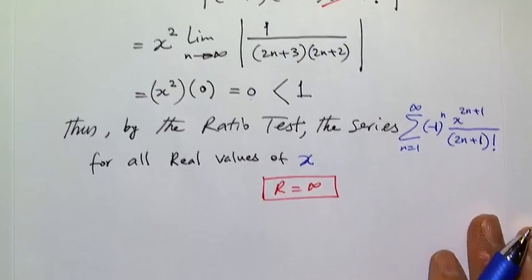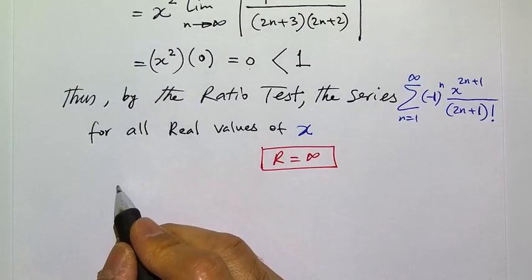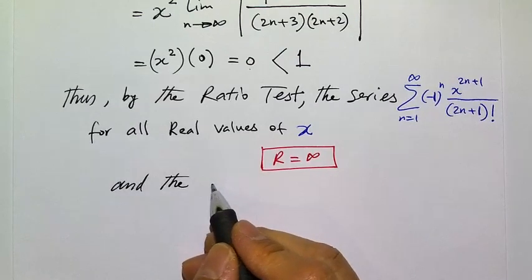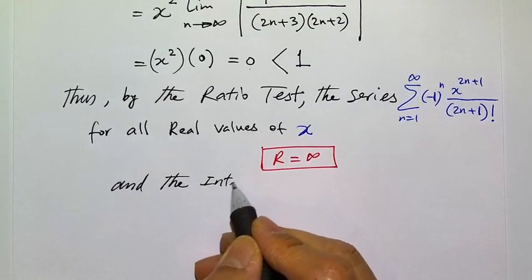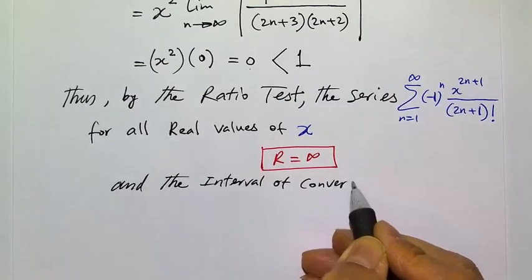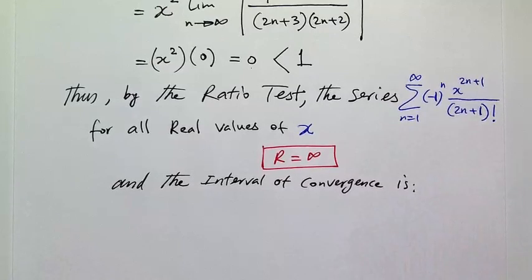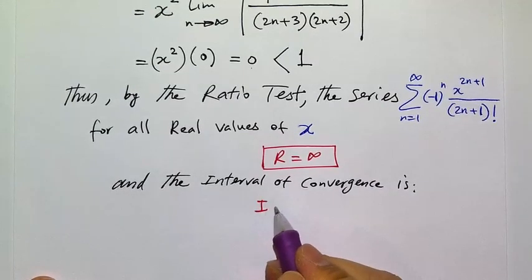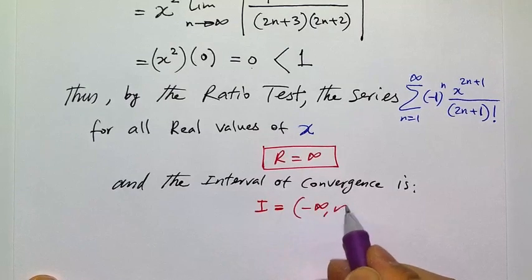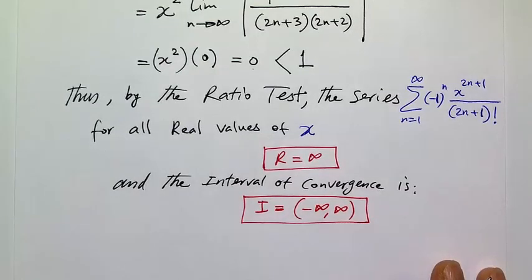and the interval of convergence is negative infinity to infinity, like that.